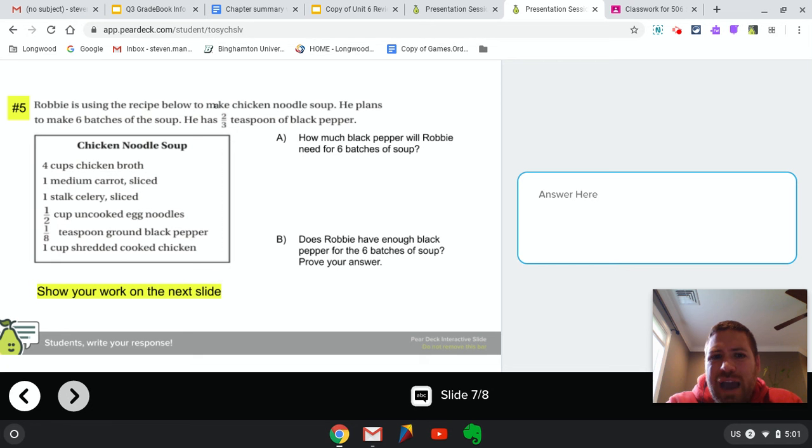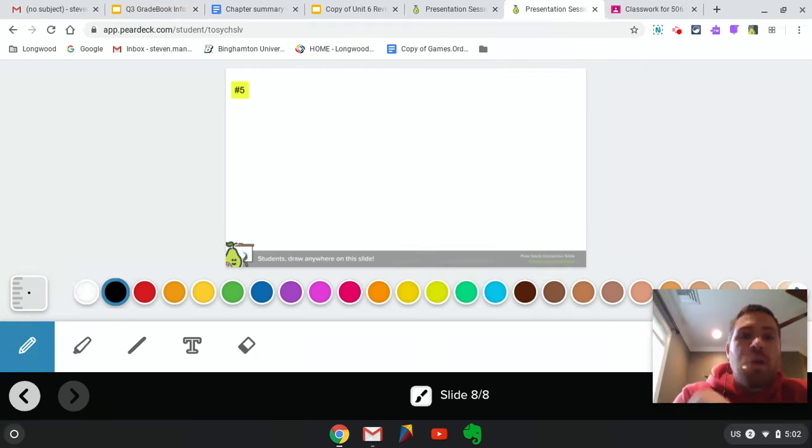Because that's what it's asking us. How much will he need for 6 batches of soup? It doesn't ask us how much does he have. So we take the 6 batches of soup, so 6, and we're going to multiply it by how much pepper is needed for each batch, which is 1/8 teaspoon.